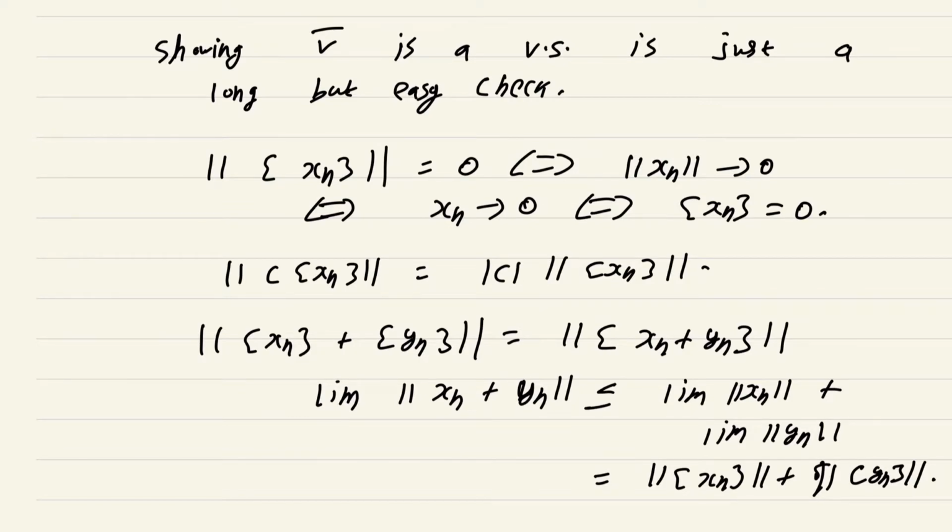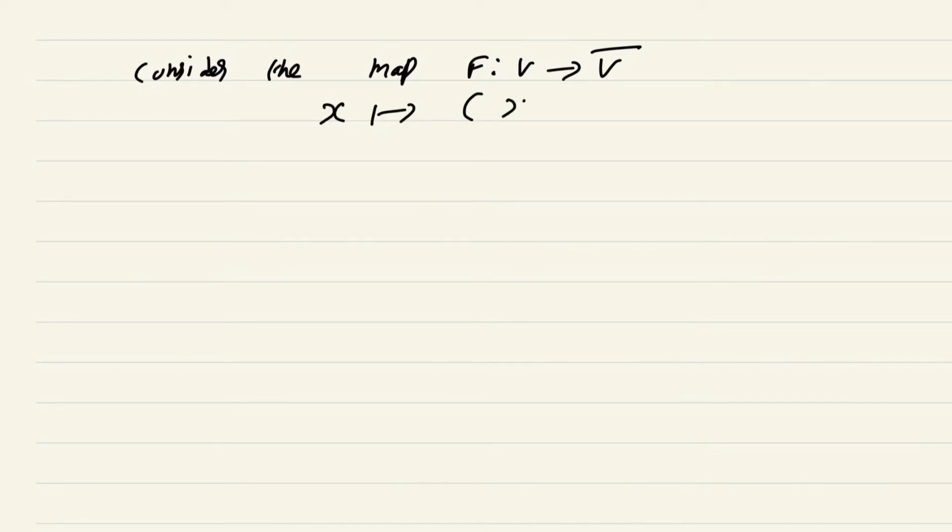Now consider the map F from V to V bar, given by x maps to, as you can guess, the constant Cauchy sequence x, x, x, x. I should put a box around it for the definition to be 100% precise.